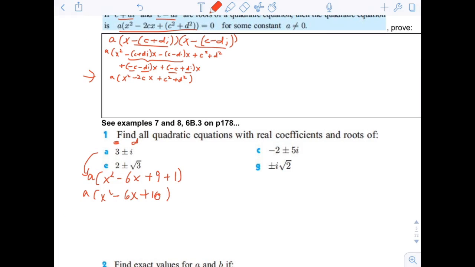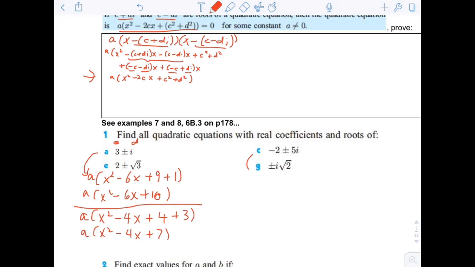Let's do E. E would be a x squared minus 2cx, so it would be minus 4x, plus c squared, so 4, plus d squared, so 3. So it would be a x squared minus 4x plus 7.